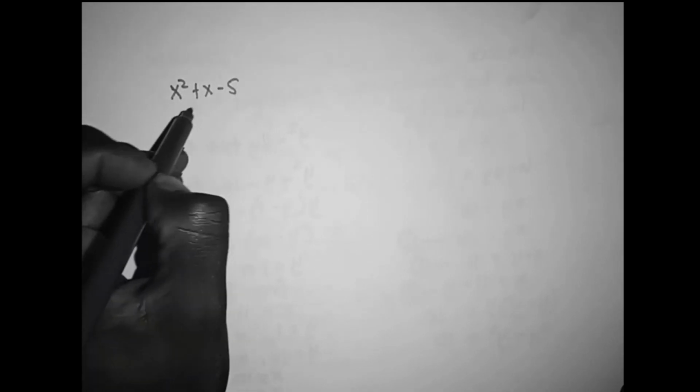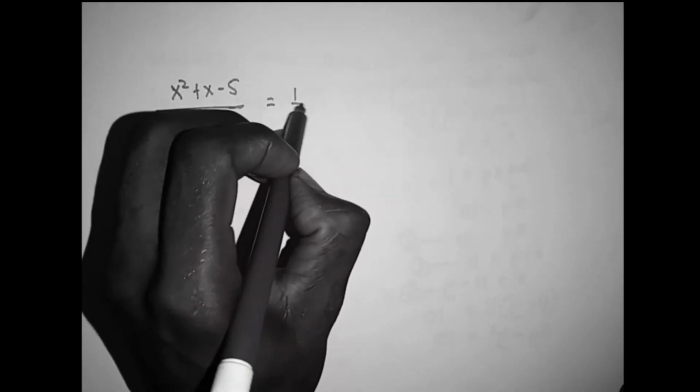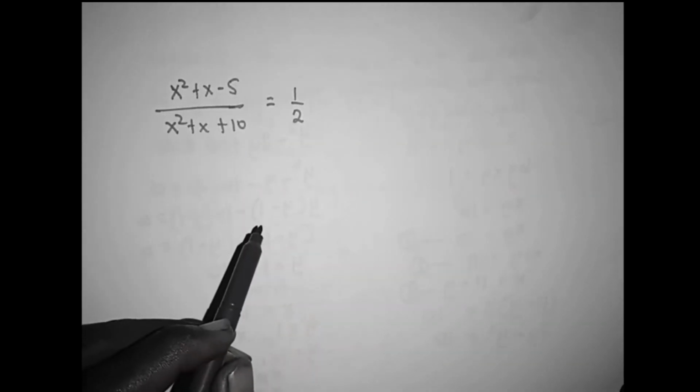So our equation was (x squared plus x minus 5) divided by (x squared plus x plus 10) equals 1 over 2. So what we do here is we cross multiply.